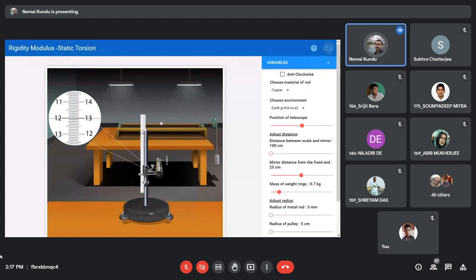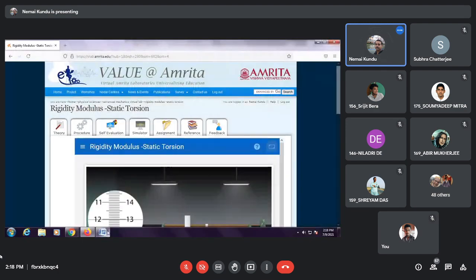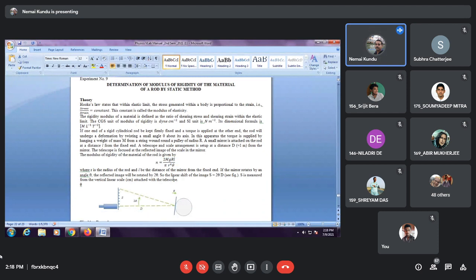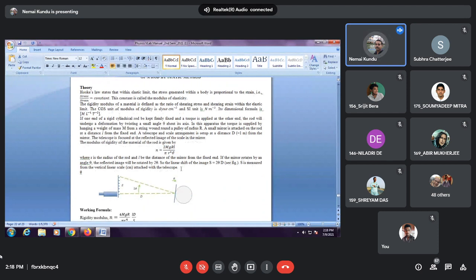If the angle of twist changes by theta, that is the reflected plane, then the reflected image changes by 2 theta. So in the working formula, at first written 2 M g R L by pi r to the power 4 theta, when the mirror is rotated by an angle theta, the reflected image will be rotated by 2 theta.